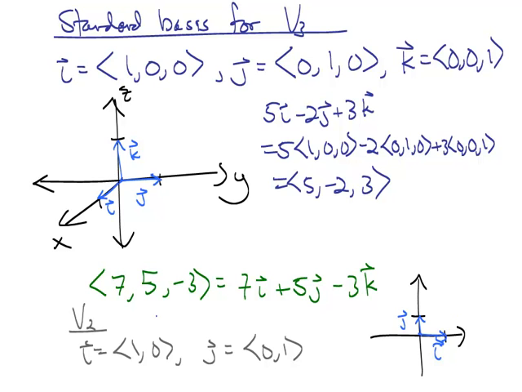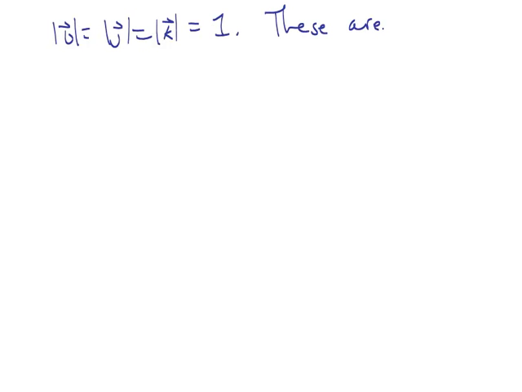Now, what do we notice about these vectors, i, j, and k in V3, and i and j in V2? Well, they all have length 1. In other words, the magnitude of i is the magnitude of j, is the magnitude of k, which is equal to 1. Since they have length 1, we refer to these as unit vectors.